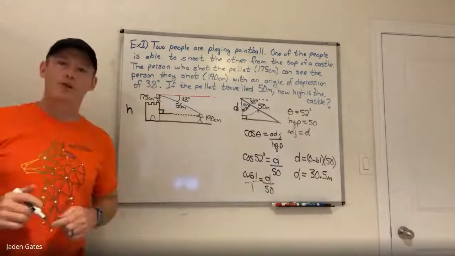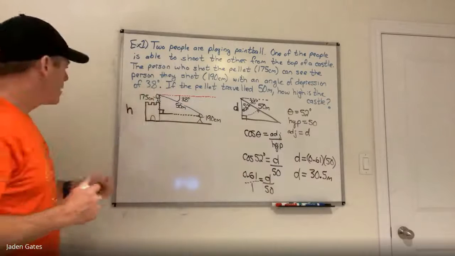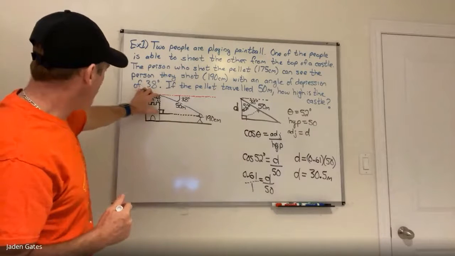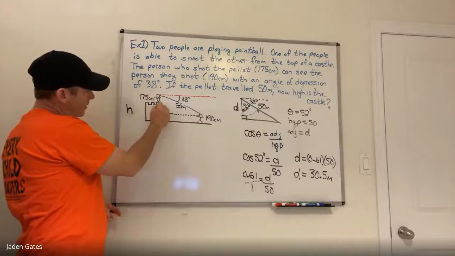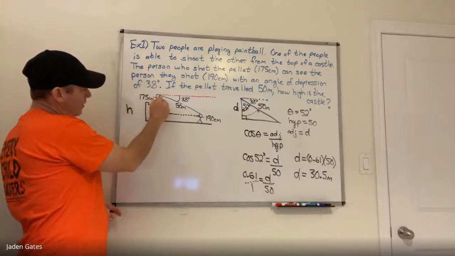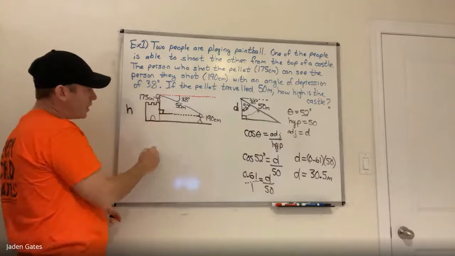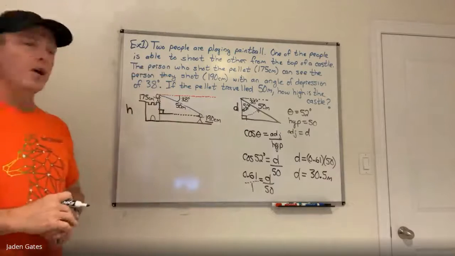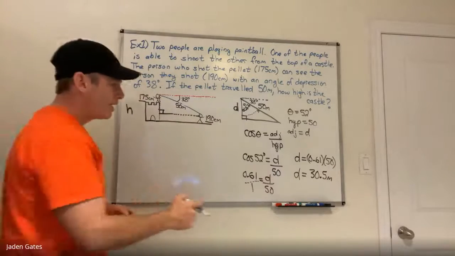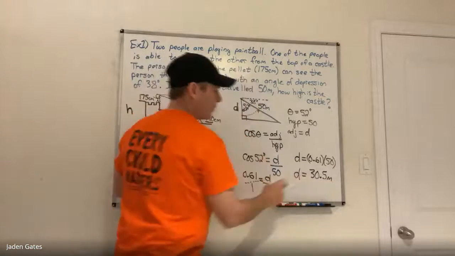Now, here's the trick. When I go back to my diagram, I want the height of the castle. What I found was this piece here, so I'm going to have to do a little bit of an adjustment. The other thing is that see how these 175 and 190, they're in centimeters. My 30.5 is in meters.